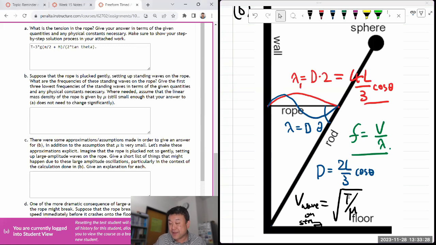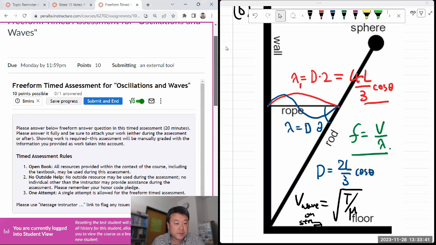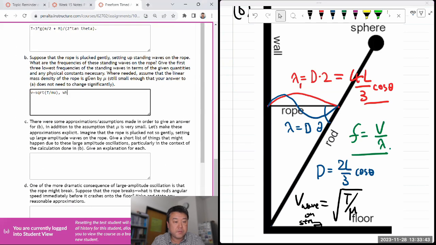So we worked out the tension, so I'm going to just write this down. V is equal to square root of T divided by mu. I'm treating T as a known quantity because I worked it out in A above, where T is the same as in A. And given this V, I can write down the expression for frequency. Frequencies are f equals V over lambda.